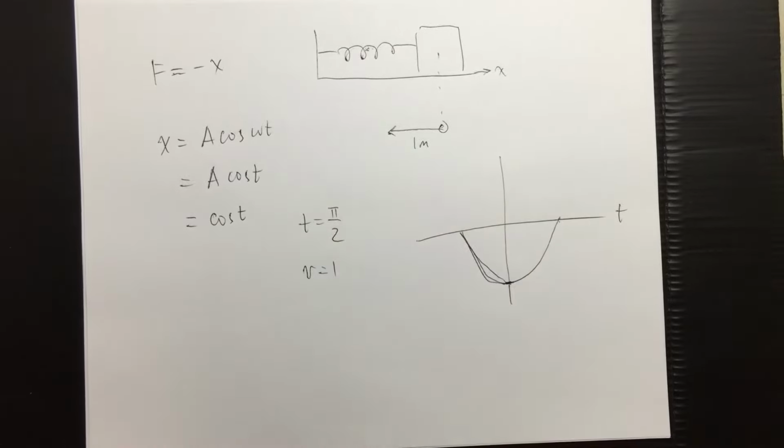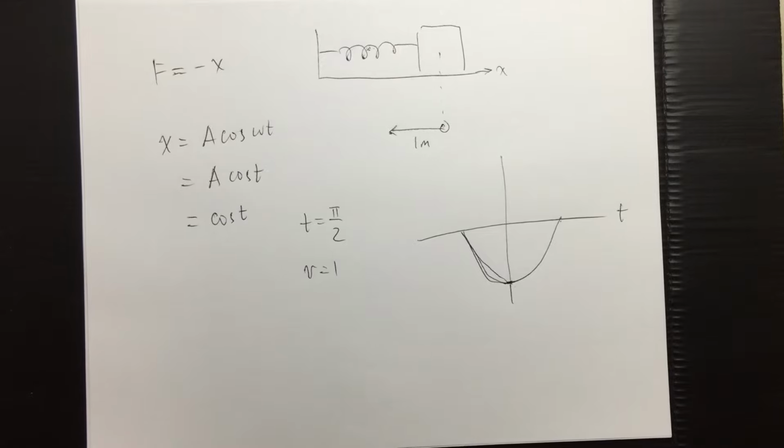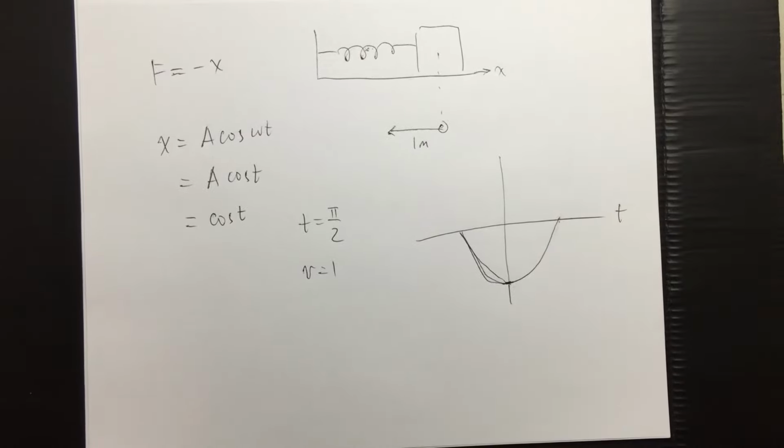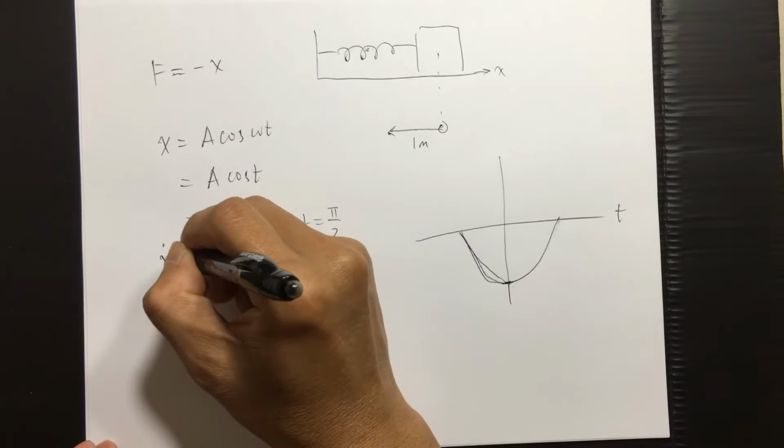How did you get that? Because if it's just cosine, then at that exact middle point, the slope is 1. Okay, let me do it my way. You want to do the x dot, right? That's the velocity.